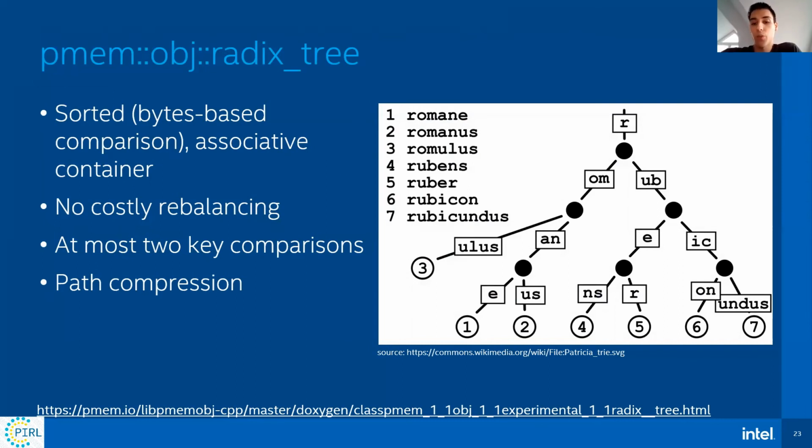Because due to the path compression, some bytes might actually be different from our looked-for key. The RadixTree implementation is mostly compatible with the std API for std::map. The difference is for iterators, and obviously we don't have a comparison template parameter since this is not a comparison-based data structure. You can read more about the API in the link below.